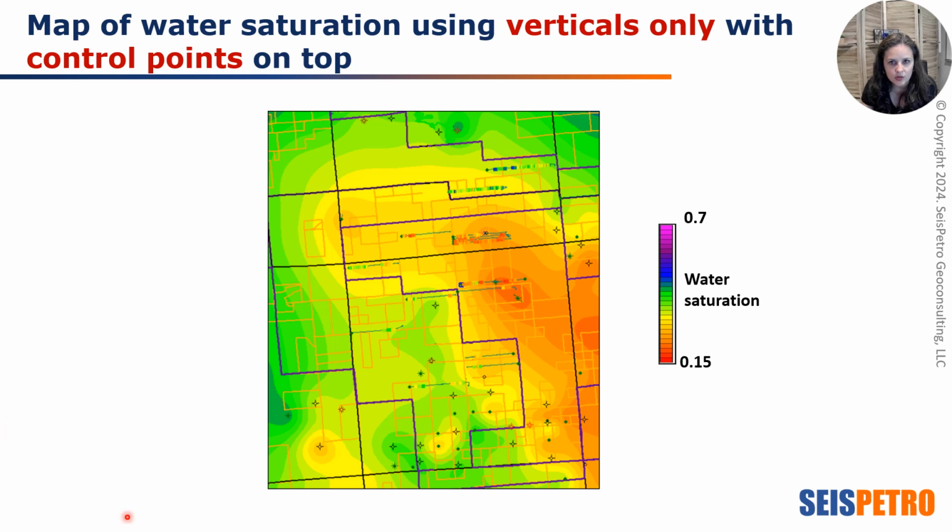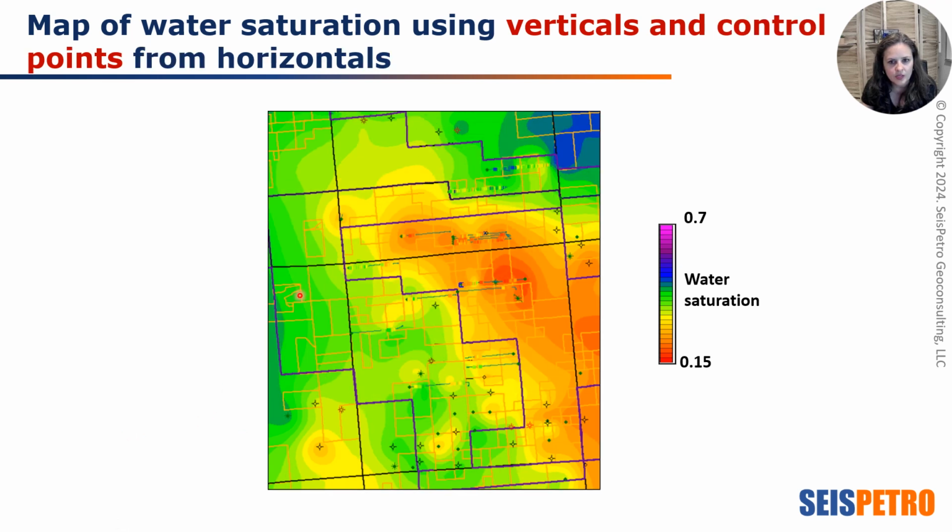Now I'm going to go forward and show you how this map changes when we incorporate the horizontal data. Pay attention to how the edges in particular are going to change. As we incorporate the control points from the horizontal data, you can see how the map gets sharpened.